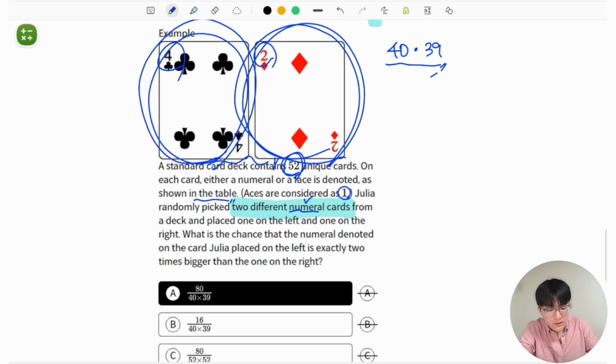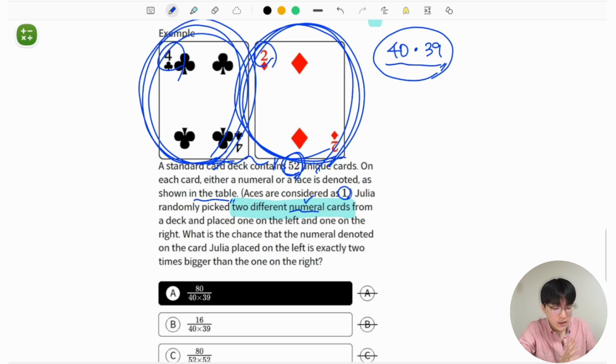Now, this is going to go inside of the denominator, and we want to find the numerator, which is when the left-hand side is twice that of the right-hand side. And let's think about it for a second. If we want the left-hand side to be twice as big, then there are only a few choices. And that is when the left-hand side, LHS, and the right-hand side is either 2 and 1.